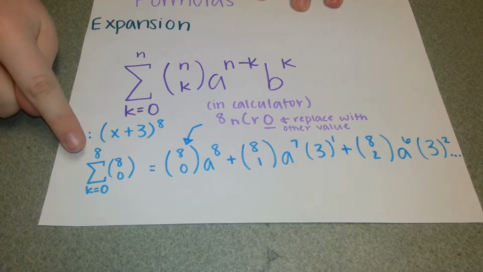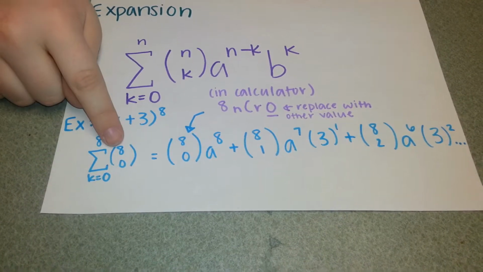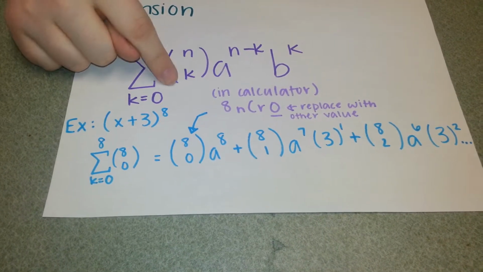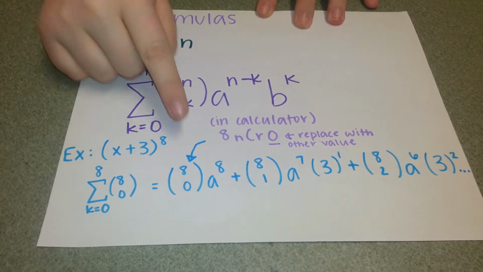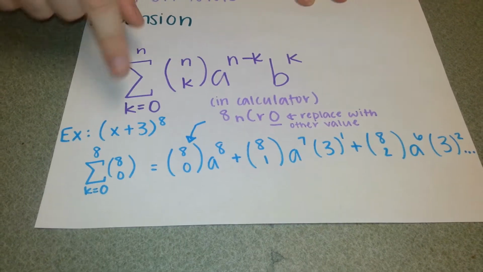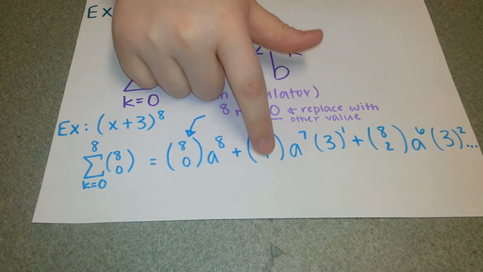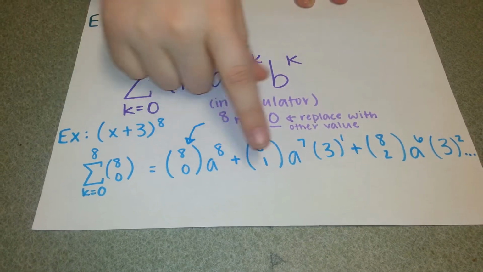You take this exponent and you put it in where n is. K equals 0 because you want your starting number. You put 8 over 0, which is n over k, times a to the 8th, which is n minus k, 8 minus 0, plus 8 over 1, you increase k for each term.